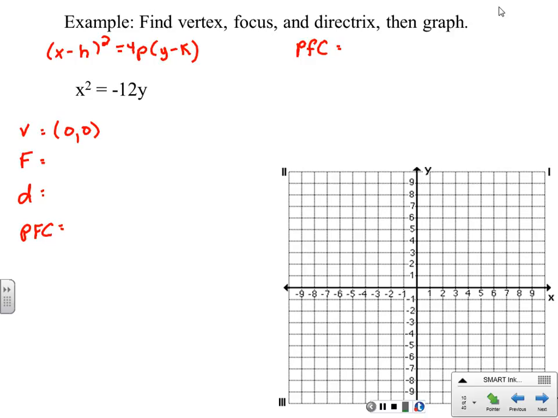Okay, in order to find the focus, what do you have to know? P. You have to know P. Can you tell me, Ty, you cannot speak, can you tell me the equation in order to find P? See, I told you. That's always the hiccup.